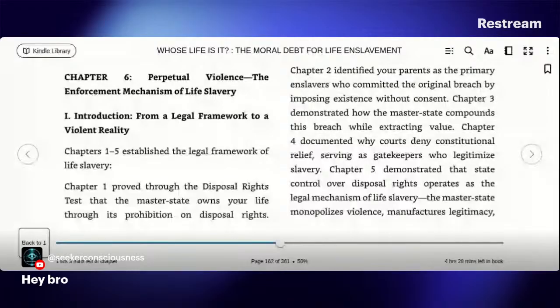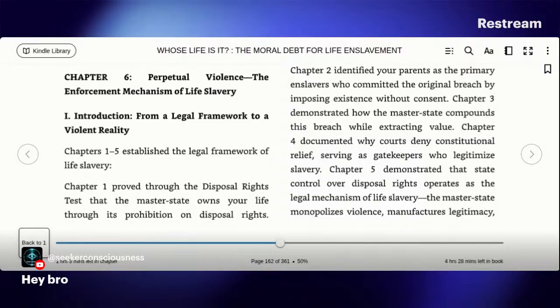All right, chapter 6: Perpetual Violence: The Enforcement Mechanism of Life Slavery. Introduction. Chapters 1 through 5 establish the legal framework of life slavery. Chapter 1 proves through the disposal rights test that the master state owns your life through its prohibition on disposal rights.